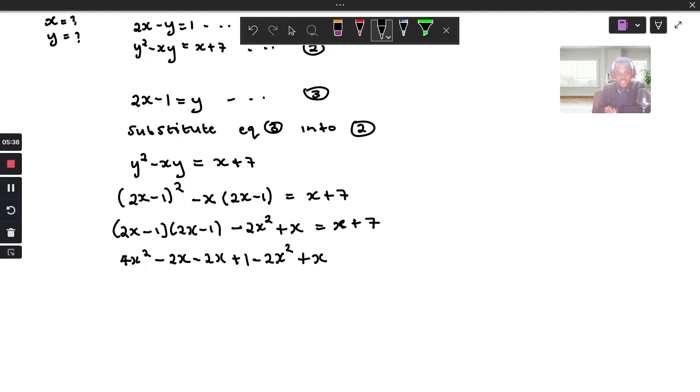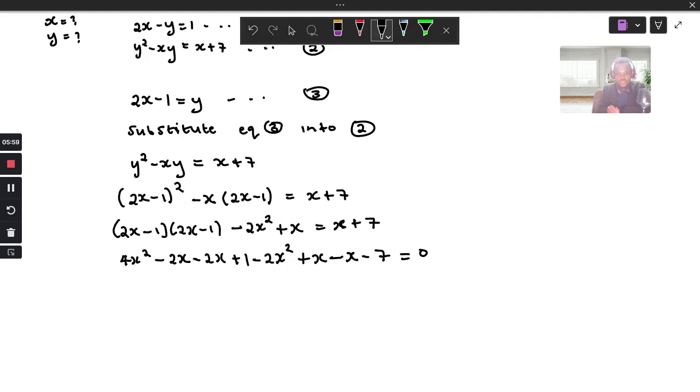And then you take your x from your right hand side to your left hand side; since it was positive on the right, on the left it will be minus x, and since 7 was positive on the right, it will be minus 7, being equal to 0.